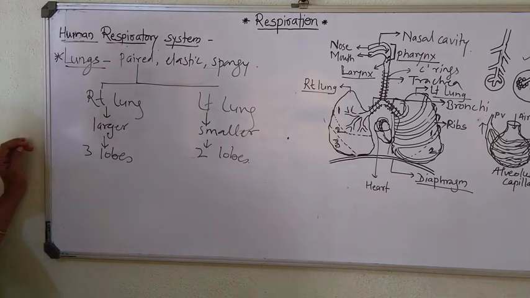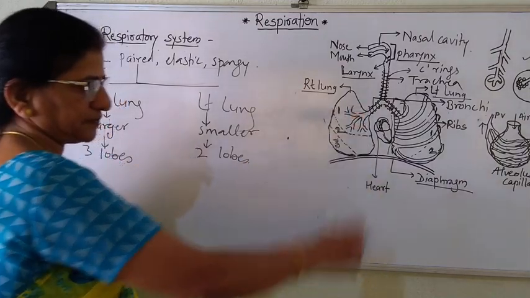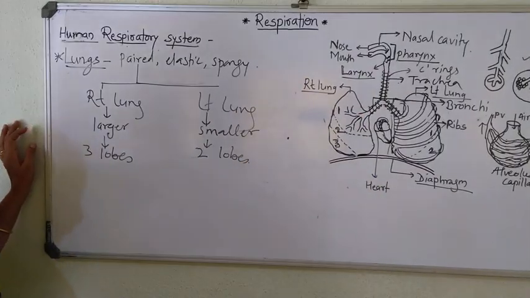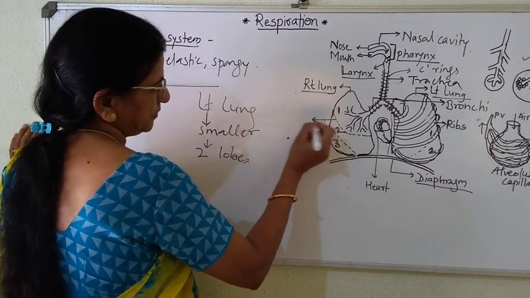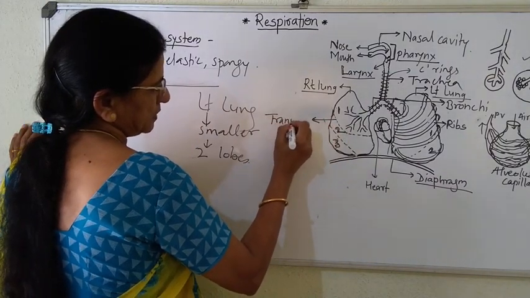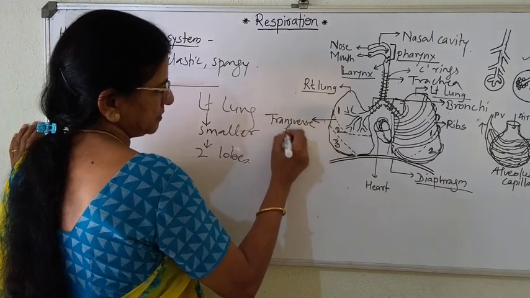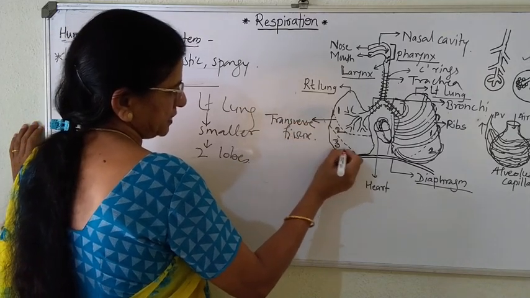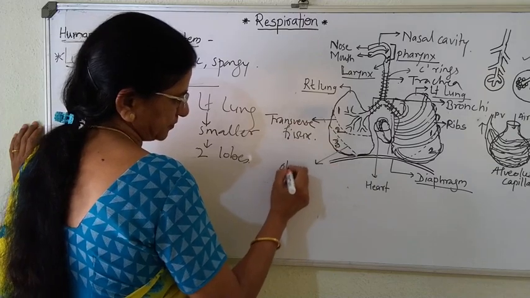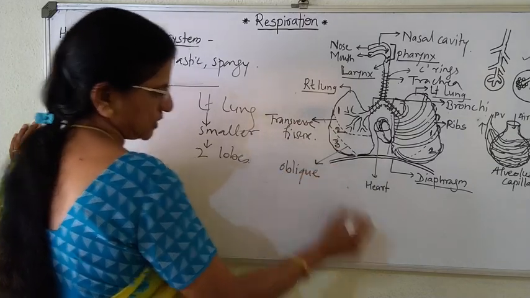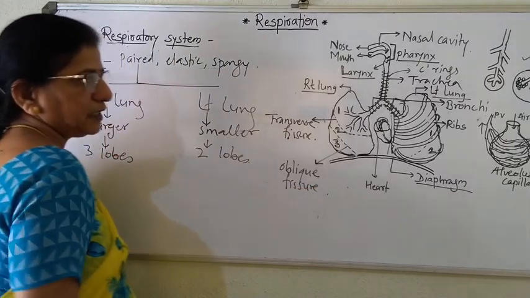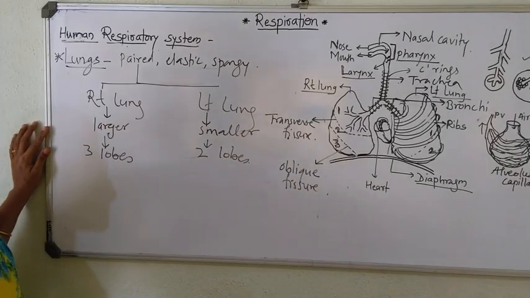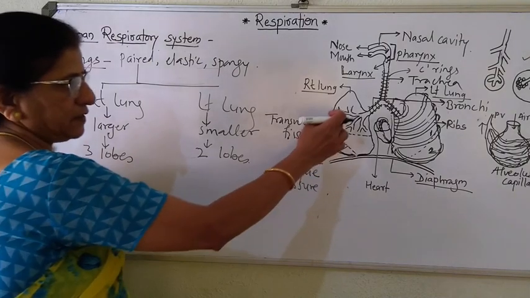Due to the presence of some fissures. This is the transverse fissure, this one is the oblique fissure. So in the right lung, two fissures are there, transverse and oblique fissure, due to which three lobes are formed.